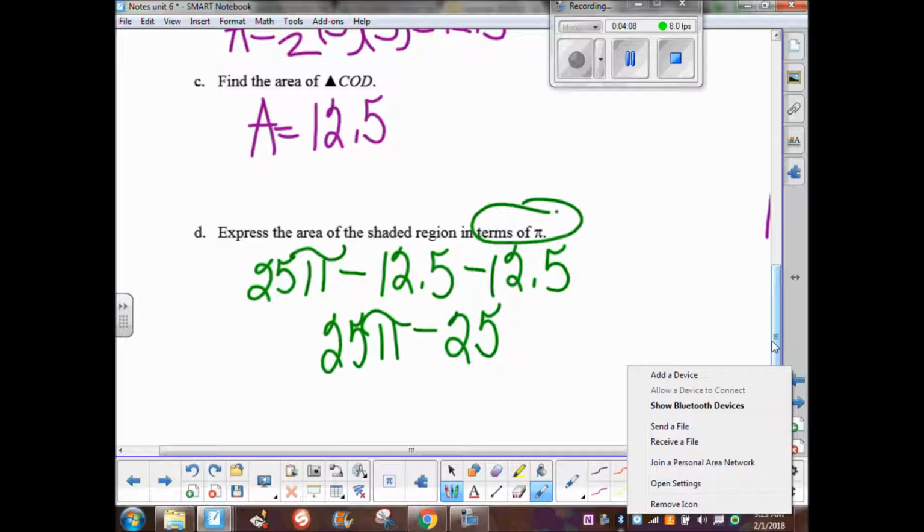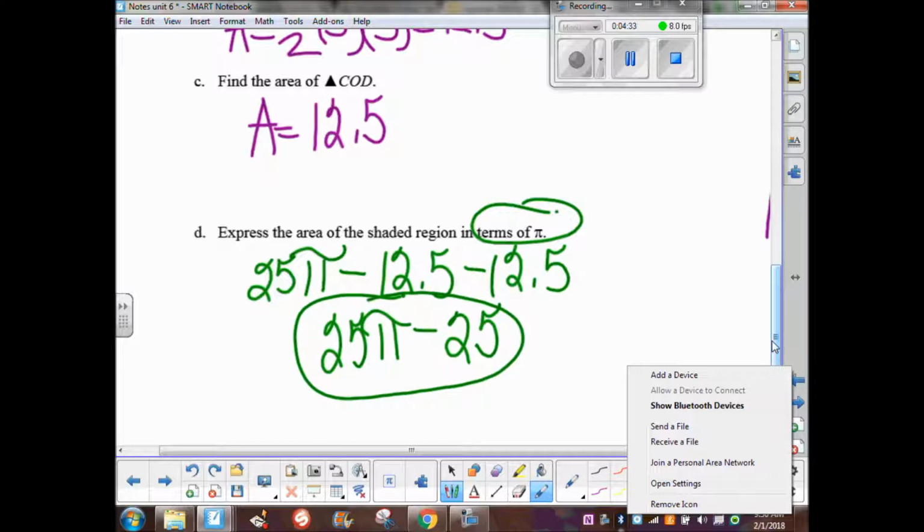If you didn't have to leave it in terms of pi, they would tell you what to round it to, and then you'd use the pi key on your calculator and actually solve the whole thing. But because they said in terms of pi, that's as far as we can go with that.